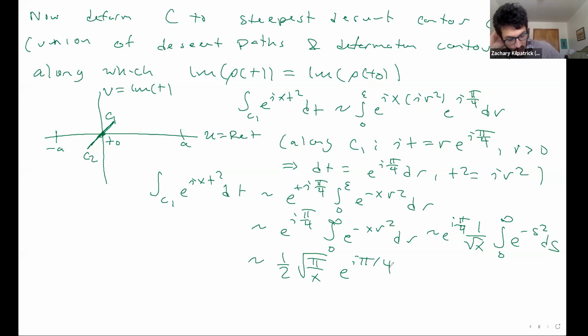And then in order to identify the paths of steepest descent, we first of all found where the imaginary part of our function rho was going to be constant, okay?